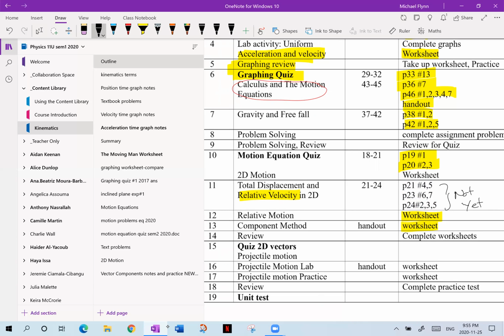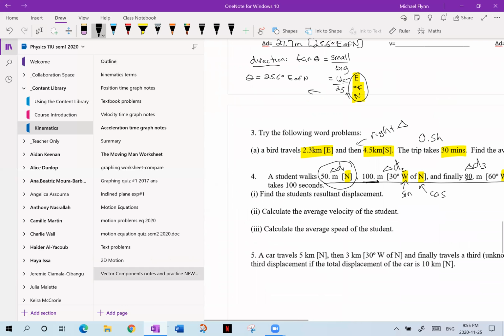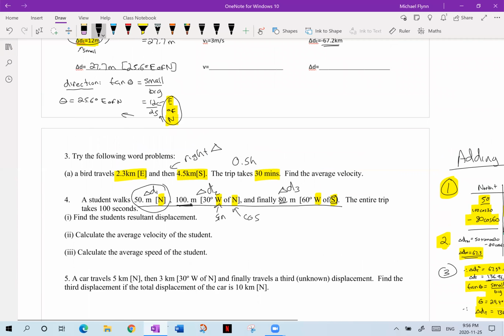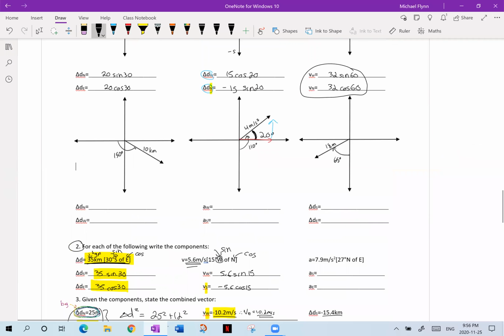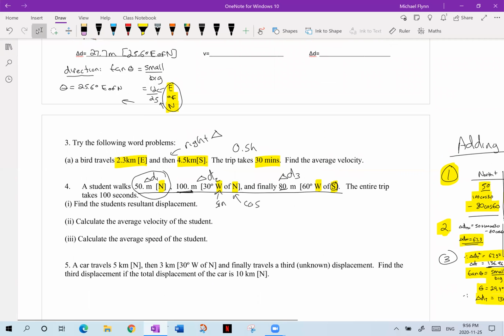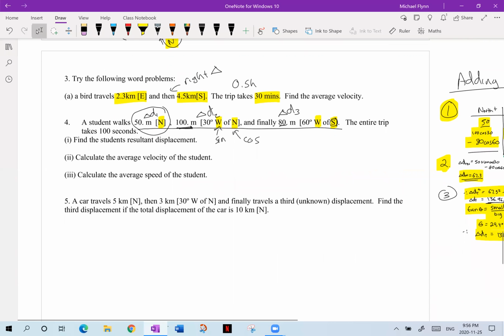So when you look at this tomorrow, go to the page in OneNote where it says vector components, notes and practice. You will see some practice. There's a couple of other practice questions that we didn't do, but I did a lot of them for you. So why don't I give you some more practice, okay? And you can do more questions on your own.